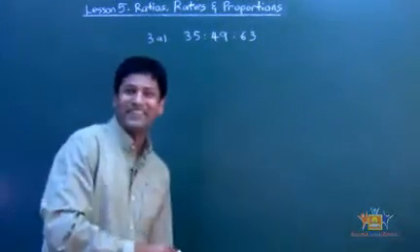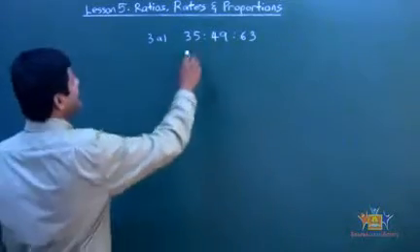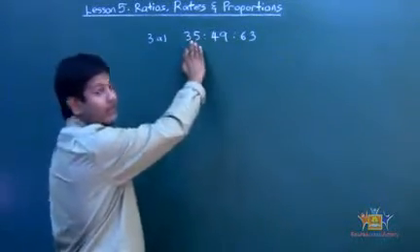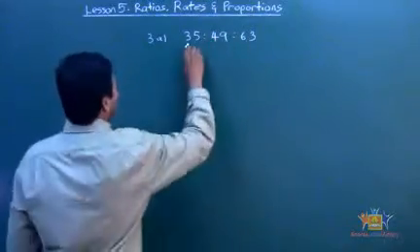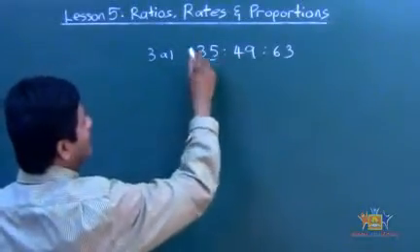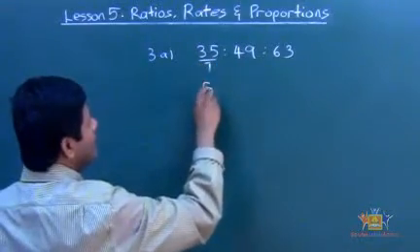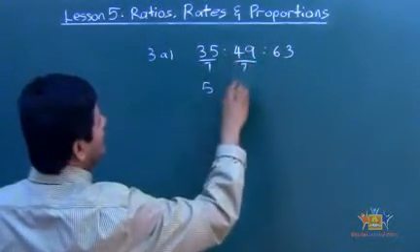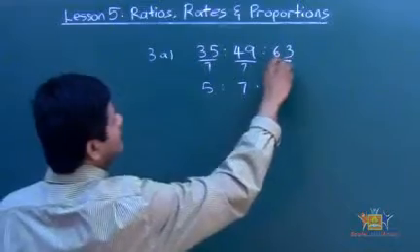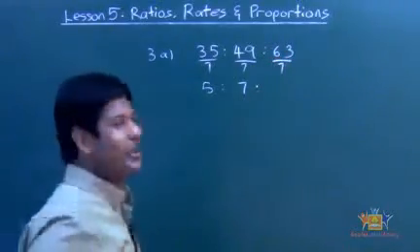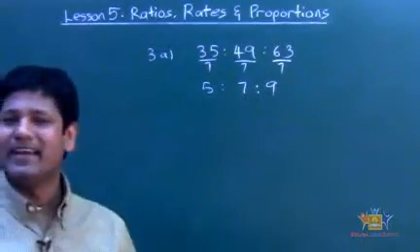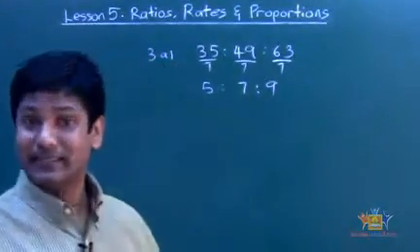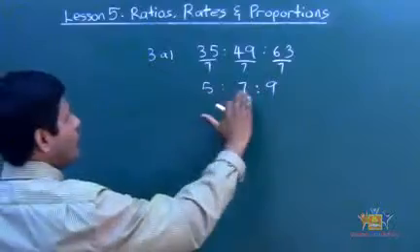Yes, it is 7. Good job. In the 7 timetable, 35 is in there, 49 is in there, and 63 is in there, because we know 5 times 7 is 35. That means 35 divided by 7 is 5, 49 divided by 7 is 7, and 63 divided by 7 is 9. We simplified it right there: 5, 7, and 9. You can't reduce any further. That's the purpose, to bring it to the lowest.